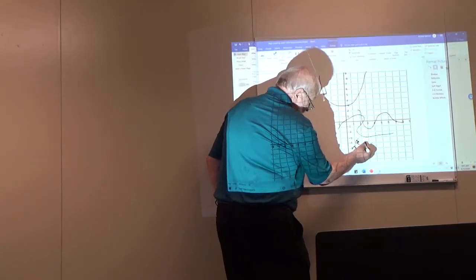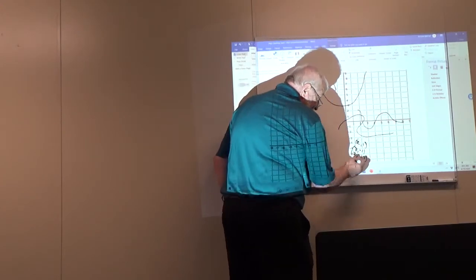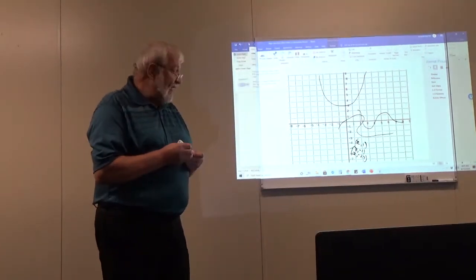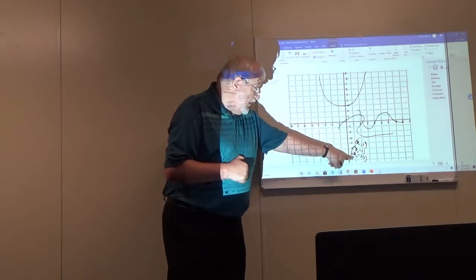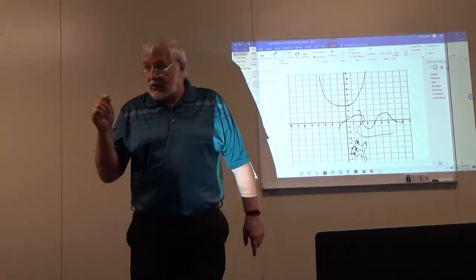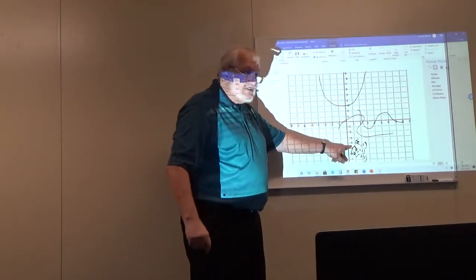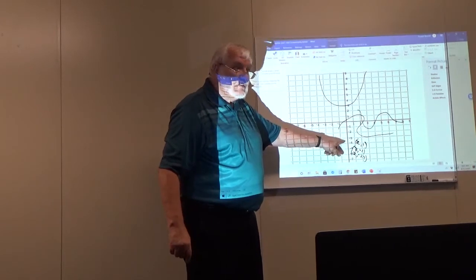And I would have 2, it looks like negative 2.7. Whatever those numbers would be. And these points mean that the x value is not unique. There's two y's for the same x, so this is not a function.